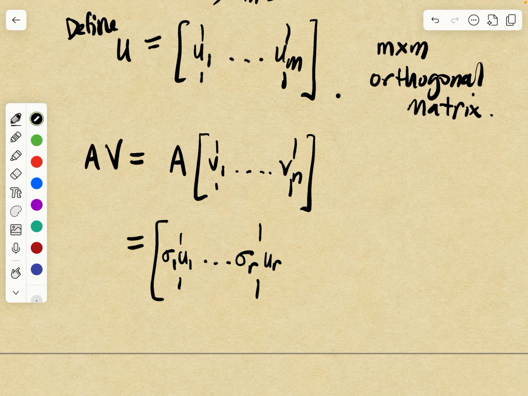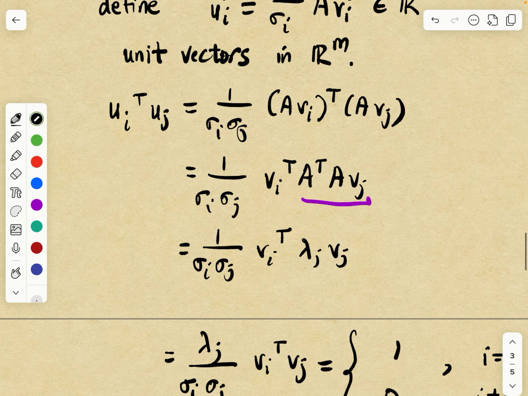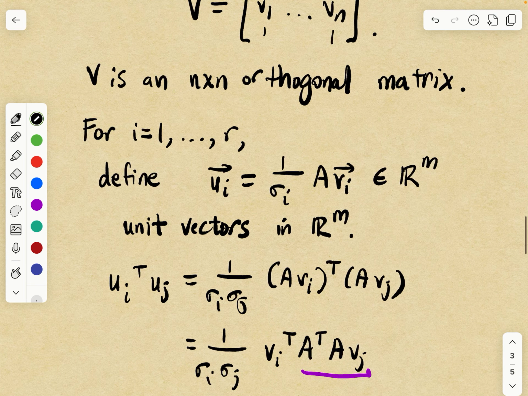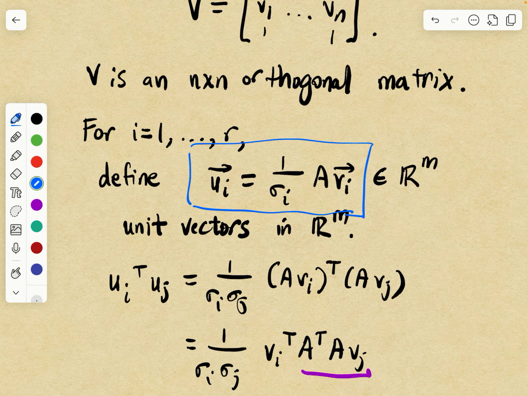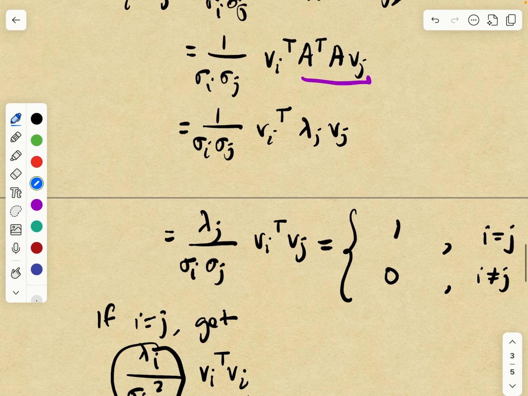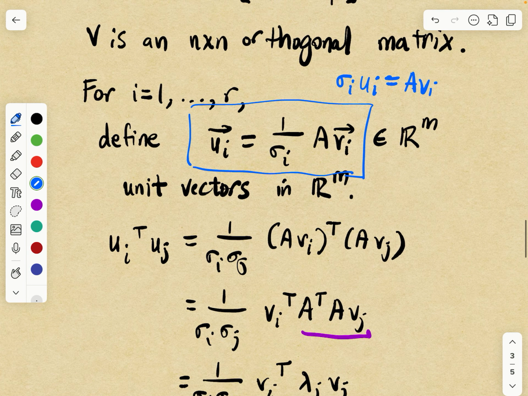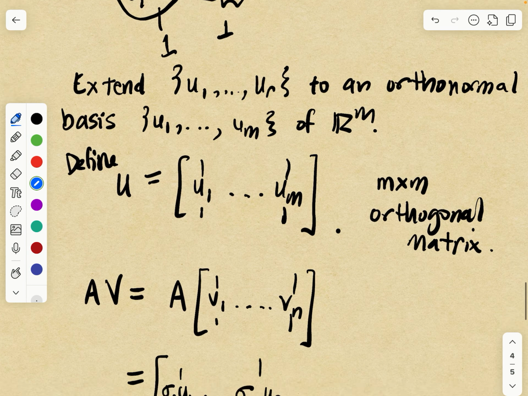Why is this true? Because of the way we defined the UIs. If you multiply both sides by sigma I, you get that sigma I UI is equal to A times VI. And that was only for I equals 1 to R. So that's how we get this.